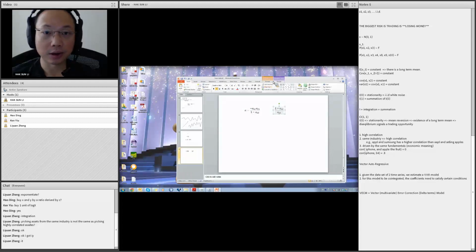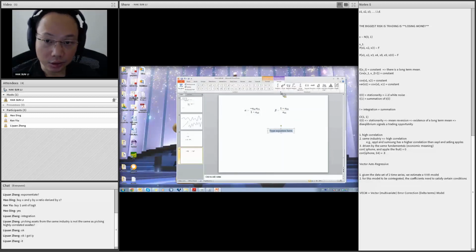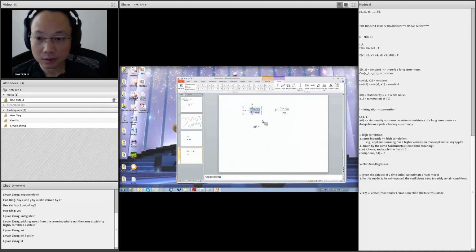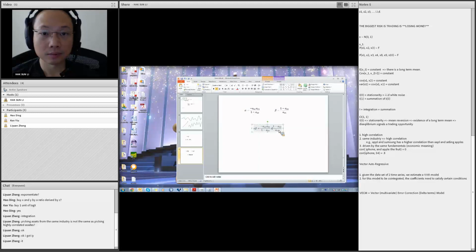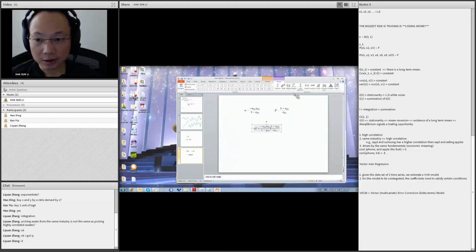So let's compute this. We need to compute alpha beta equal to what? Just equal to this, the product of these two terms, right? Okay, so you see the product of these two terms.